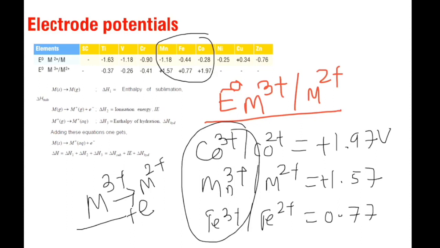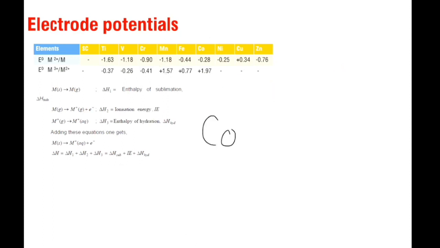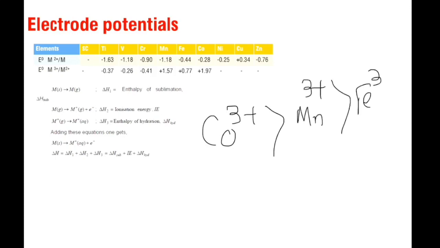And in such cases, M3+ can act as the best oxidizing agent. The oxidizing property of Co3+ is more than Mn3+, more than Fe3+, because this one possesses a more positive value than Mn3+ and Fe3+.